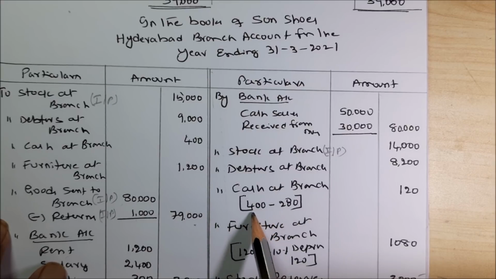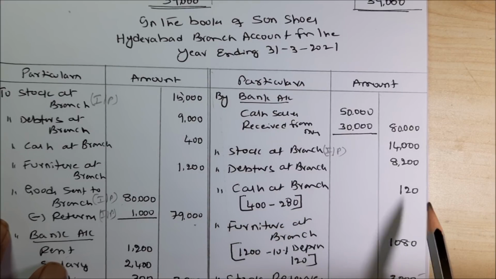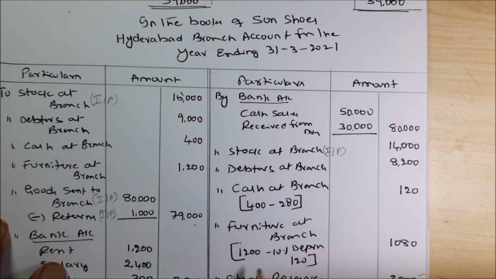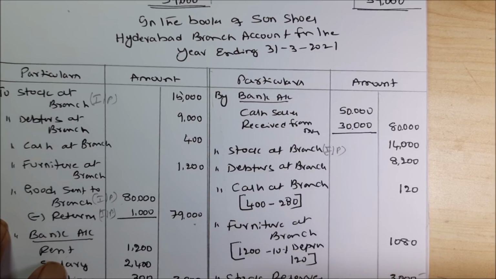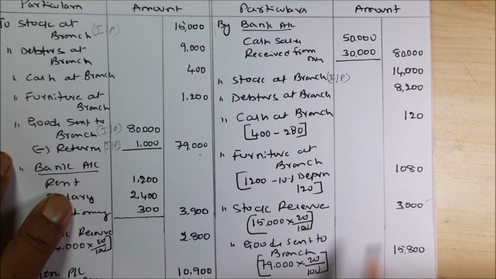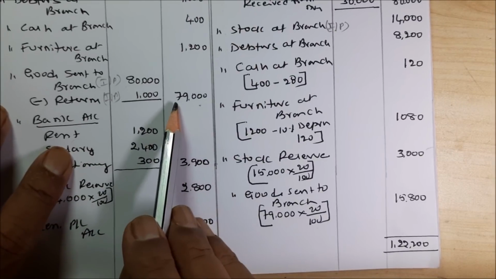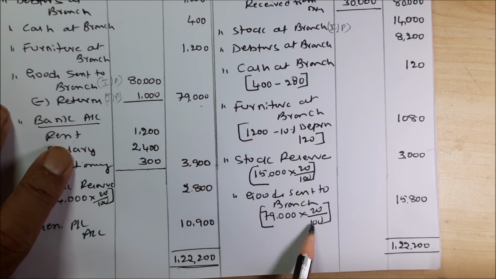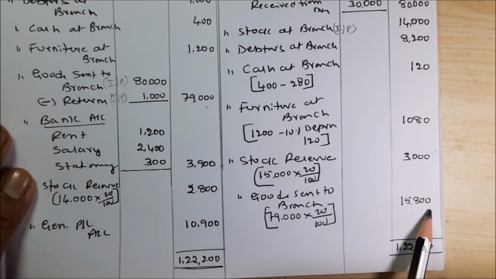Then cash at bank 400 minus 280 becomes 120. Furniture at branch 1,200 minus 10%, which is 120, is 1,080. Stock reserve, I told you I have already calculated 15,000 into 20 divided by 100, that is 3,000. Goods sent to branch 79,000 into 20 on sales, that is 15,800.